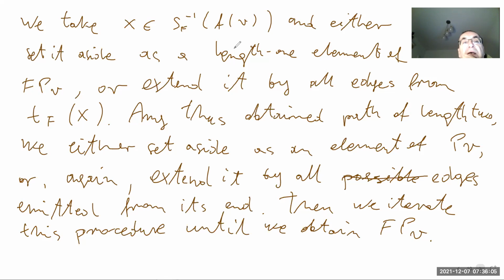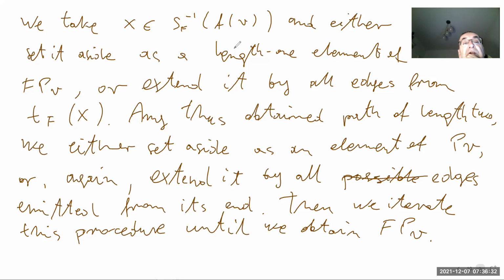But here, as you can see, the upshot is that the number of edges emitted at F of V might be smaller than the number of edges emitted at V, but it cannot be bigger. If it were bigger, we wouldn't have a bijection. Okay, so this is like an immediate corollary from this condition, right?